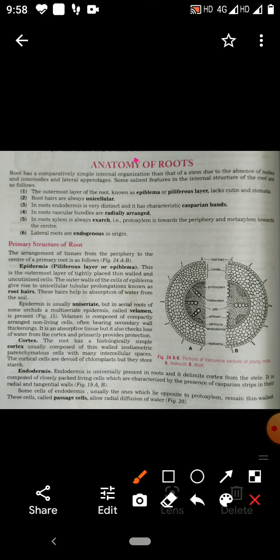Root of the plant is differentiated from the stem. In the root, nodes and internodes are not present. Lateral appendages are absent. But to study the internal structure of root, you have to cut the transverse section, TS of root.